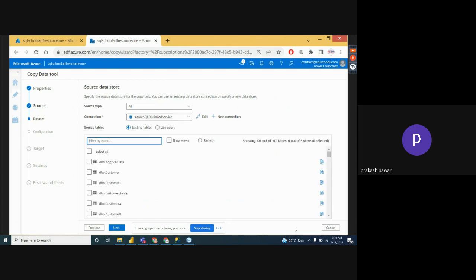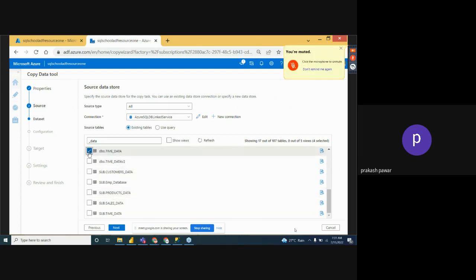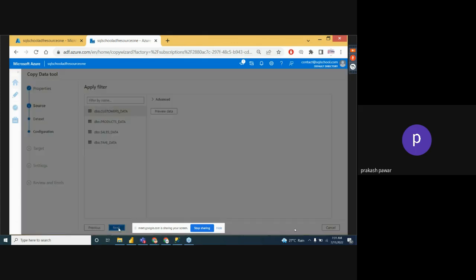Select your requirement, the required tables: customer, product, sales, and something else called type. Next, we can apply a filter like only recent rows or only active rows. For now, we are very new to the environment, so let's not deviate. Let's say next.